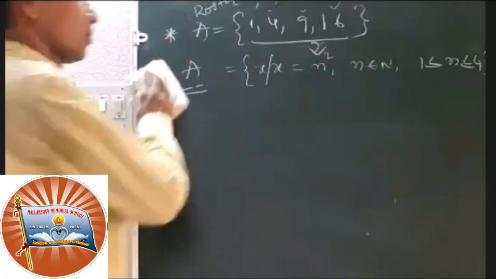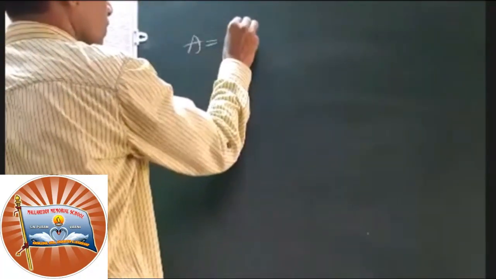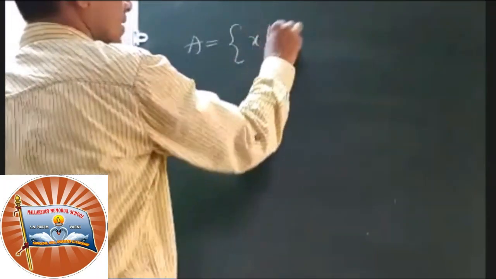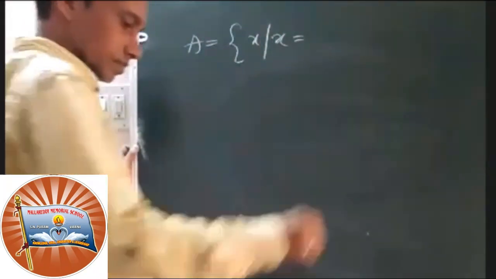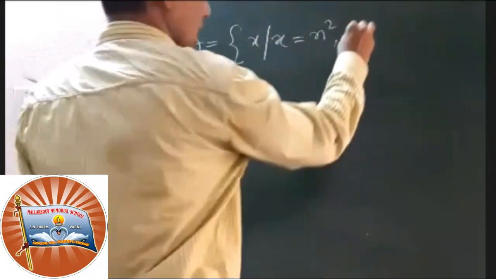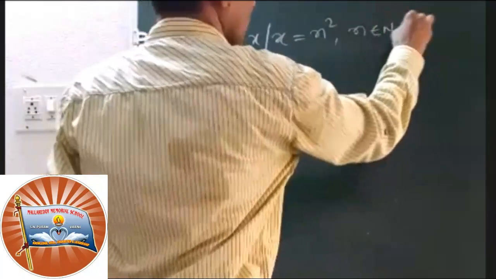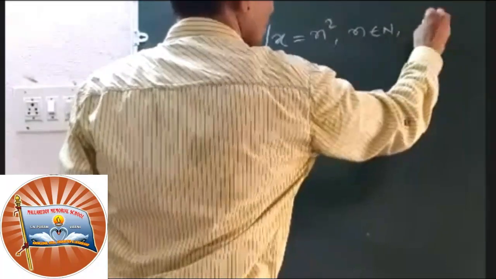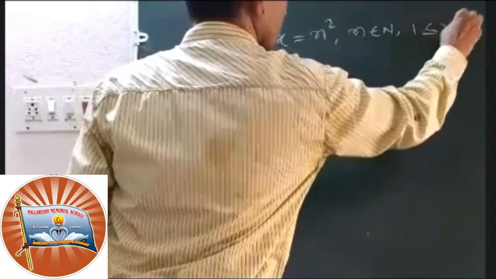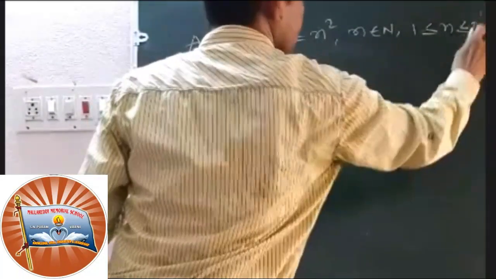I will take one example, and based on this I will take many questions. A is x such that x is equal to n square, where n belongs to N and 1 less than or equal to n less than or equal to 10.